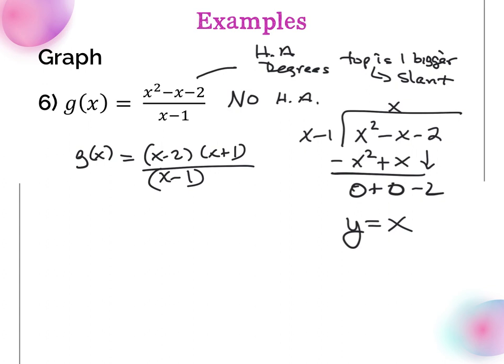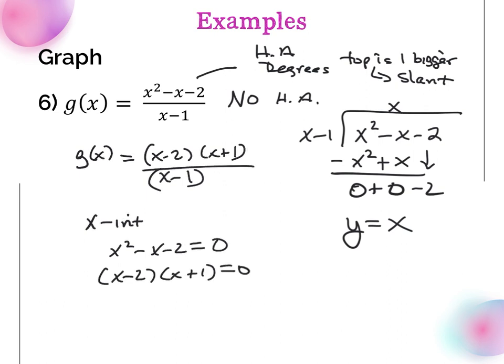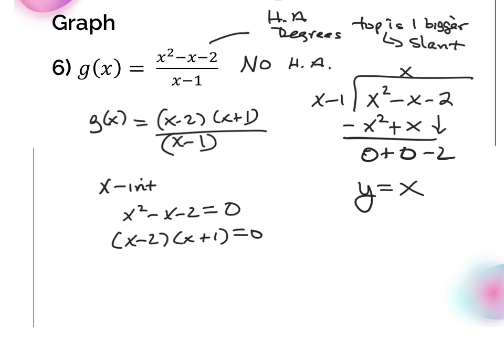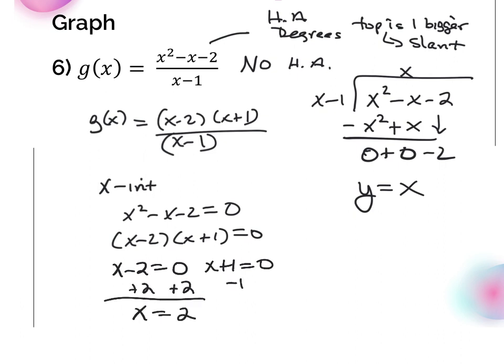Let me go ahead and get my x-intercepts. I can use the numerator, set it equal to 0, factor it, set each of the factors equal to 0: x minus 2 equals 0, x plus 1 equals 0, add 2, subtract 1.